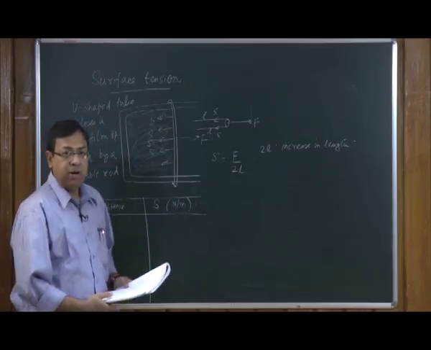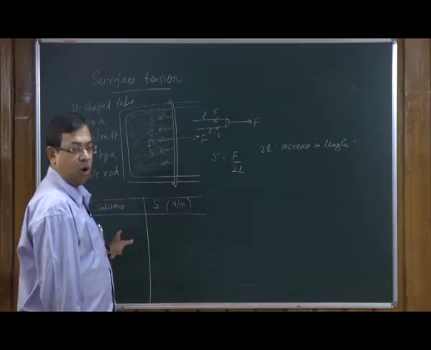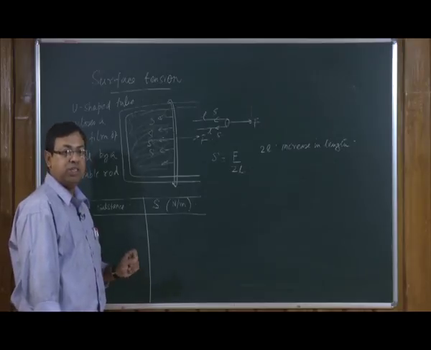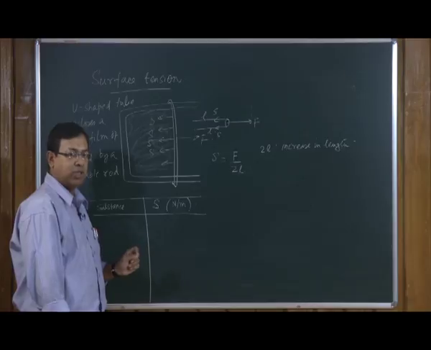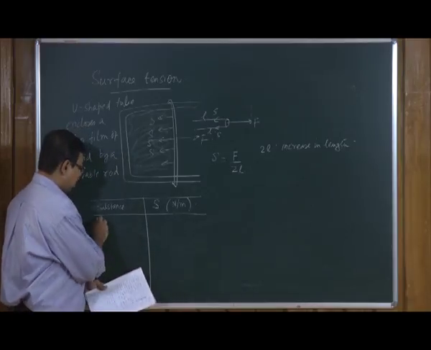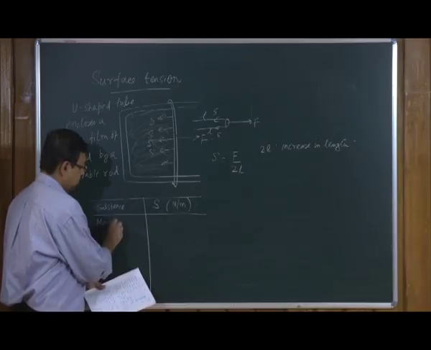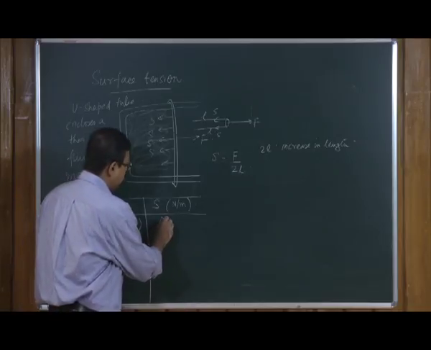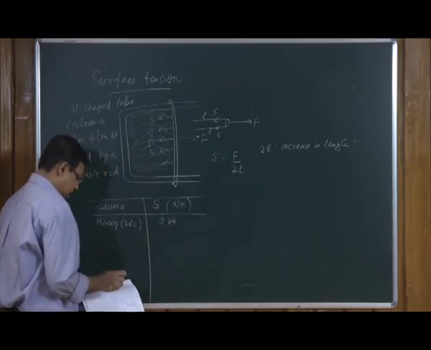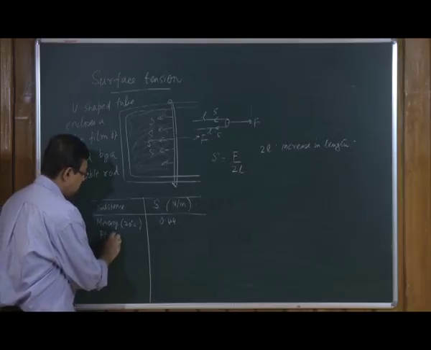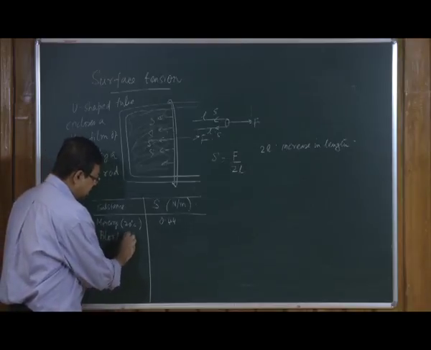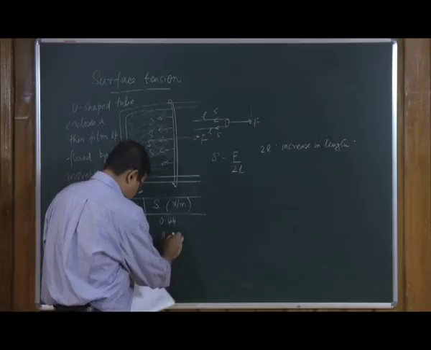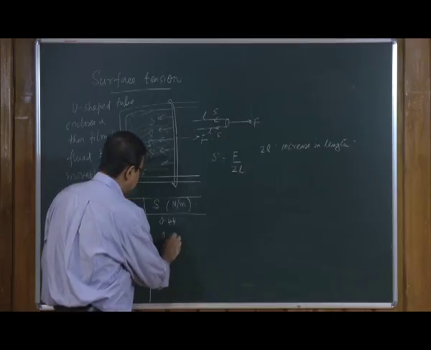Remember, surface tension is a function of the temperature, so you need to mention the temperature at which you are talking about the surface tension. So, this is mercury at 20 degree centigrade, mostly we will talk about 20 degree centigrade, it is equal to 0.44. Then blood, this is not at 20 degree centigrade, this is at 37 degree centigrade, which is equal to 0.058.